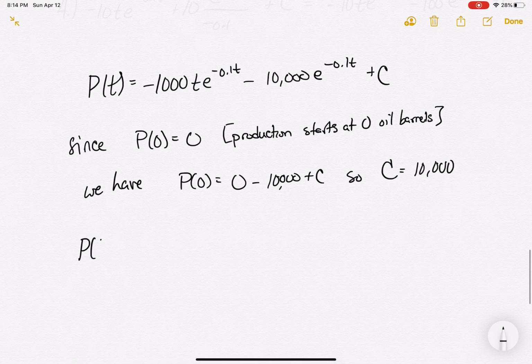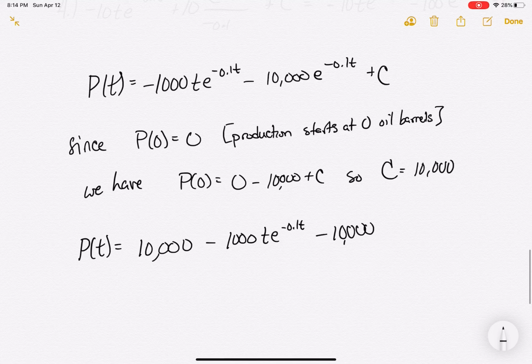That gives our expression for P of T as 10,000 minus 1,000 T e to the negative 0.1 T minus 10,000 e to the negative 0.1 T.